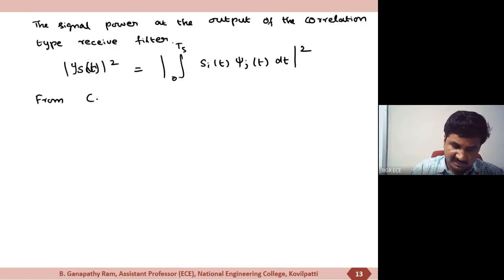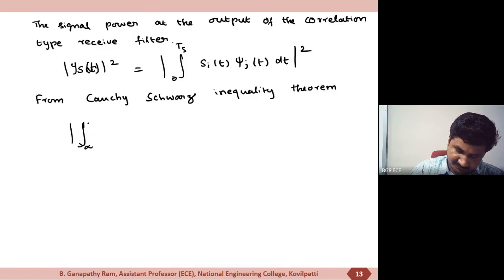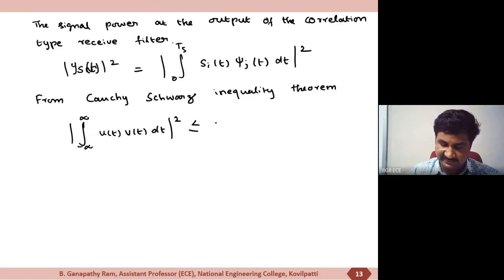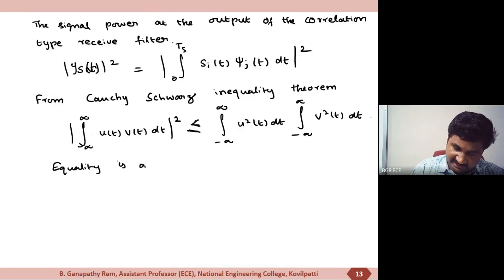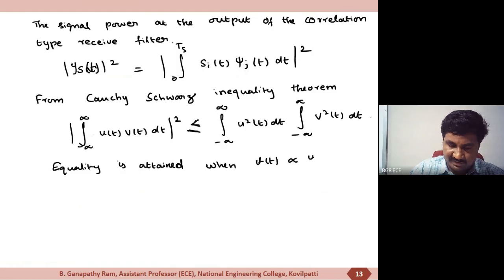From Cauchy-Schwarz inequality theorem, integral of u of t v of t dt the whole square will always be less than or equal to integral of u square of t dt multiplied with integral of v square of t dt, and this expression will get equality, that is equality is attained, when v of t is directly proportional to u of t.